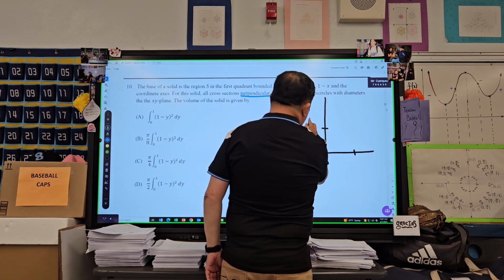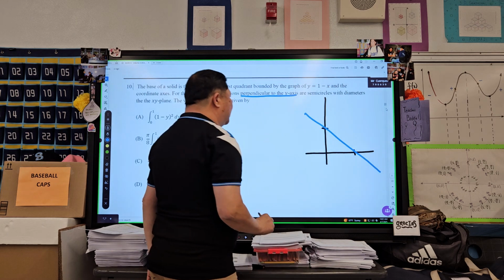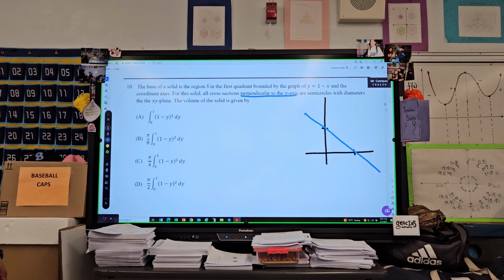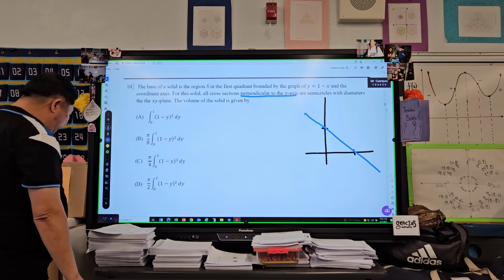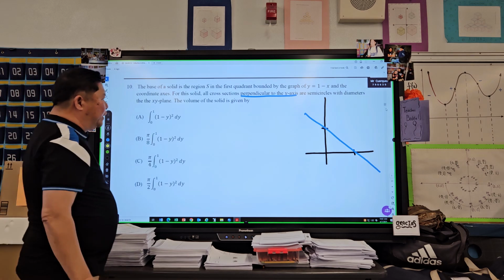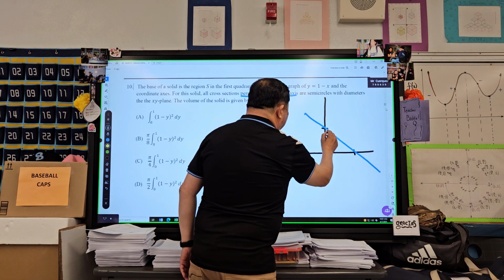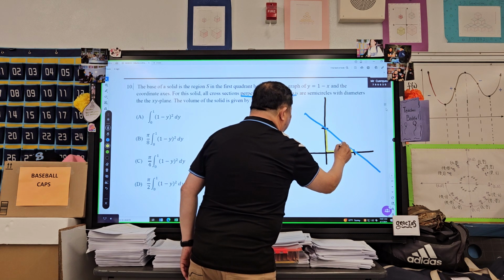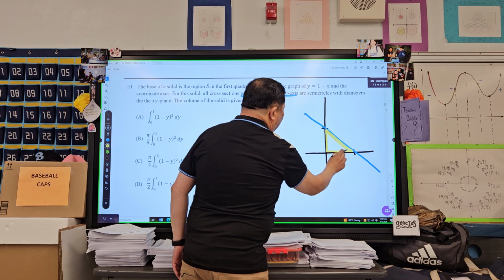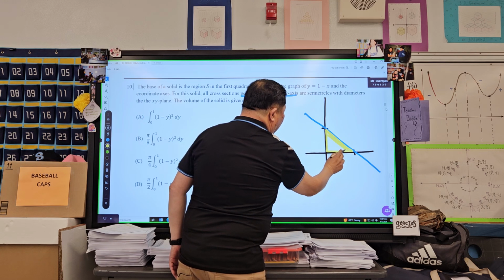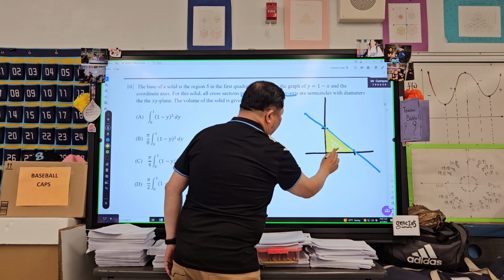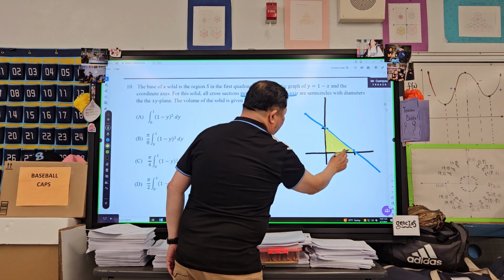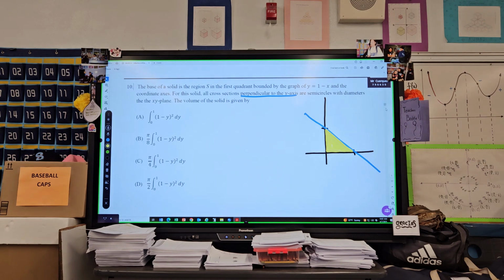So I hope I can have a straight line, more or less straight, okay. So it's only the region right here. So this is the region of the solid. Okay, that's the region, but what is that?